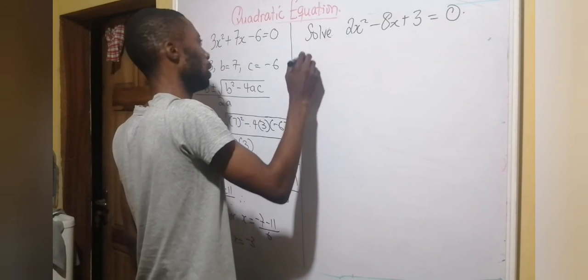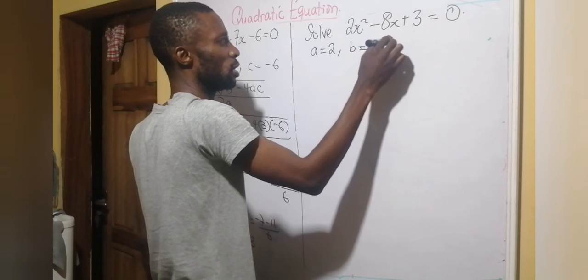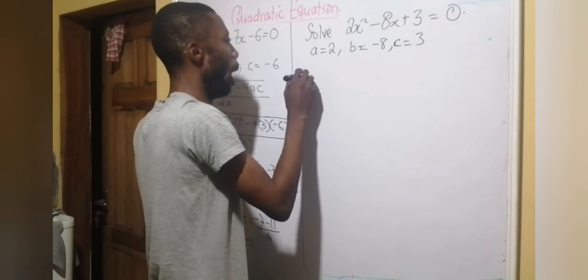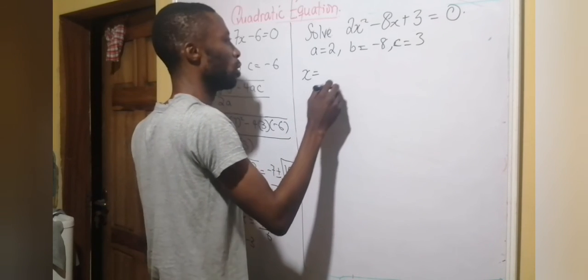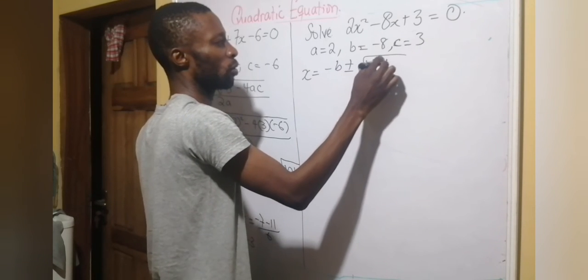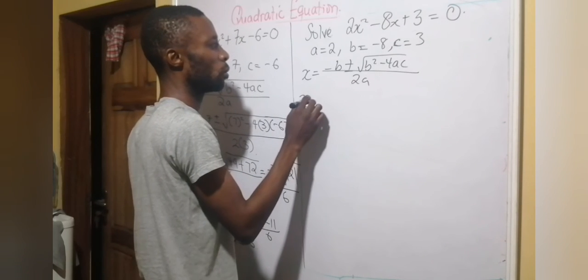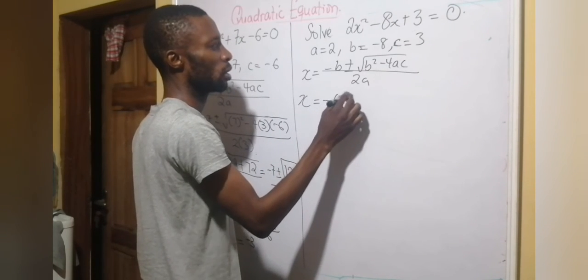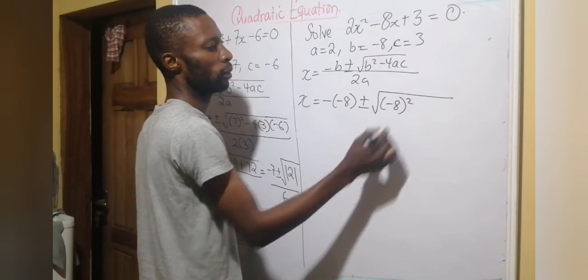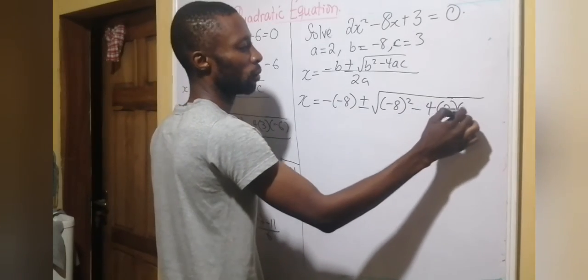So we have a here is what? 2, b is minus 8, and c is what? 3. So we put in our formula. x is equal to what? Minus b plus or minus the square root of b squared minus 4ac over 2a. So we have x to be equal to minus minus 8 plus or minus the square root of minus 8 squared minus 4, a is what? 2, and c is what? 3.